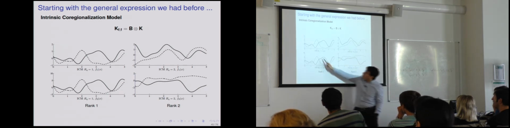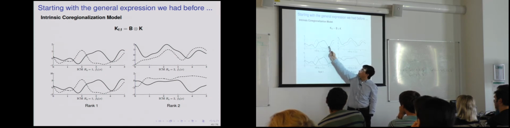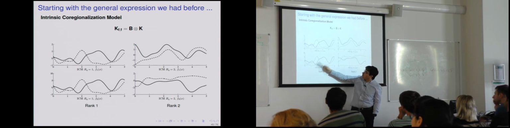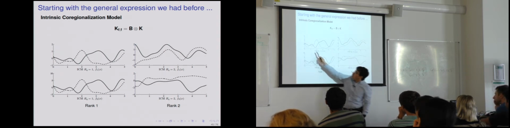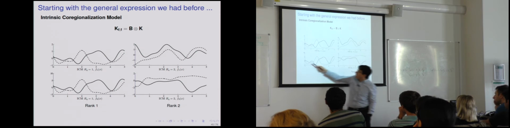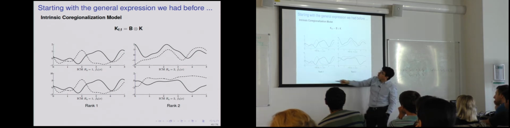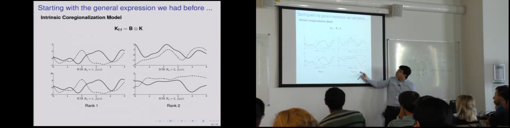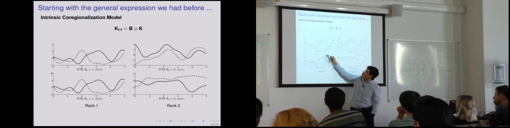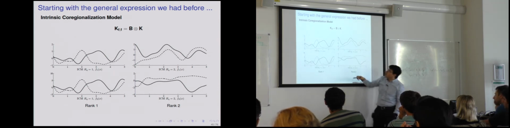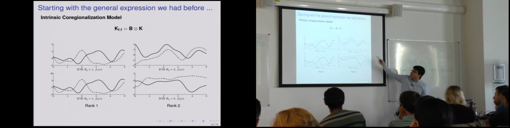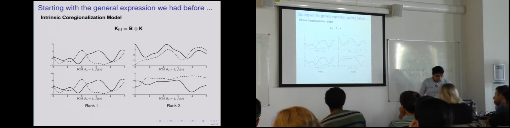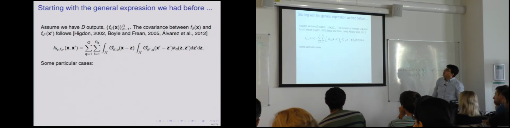For the rank 1 model, we observe that the two outputs are pretty much the same. If we compare the two solid lines, they have basically the same shape, and the same for the two dashed lines. The difference is probably in the scale. With rank 2, by adding an additional process, we break this symmetry between the two outputs, and we get somewhat more different samples.